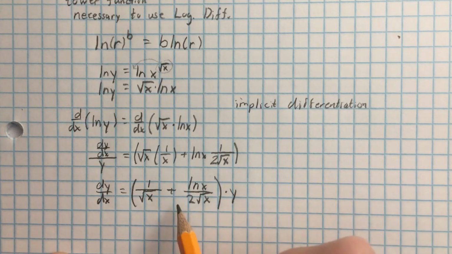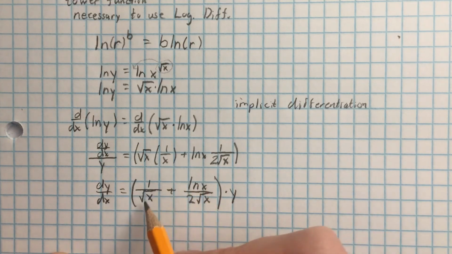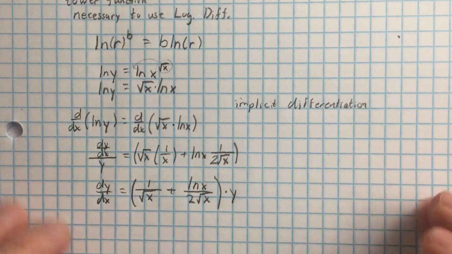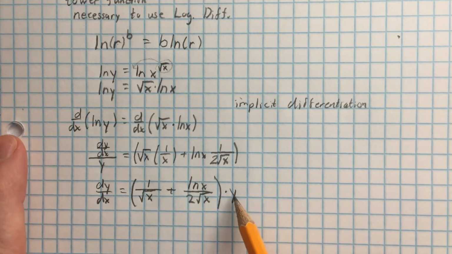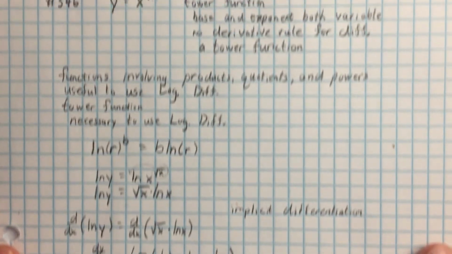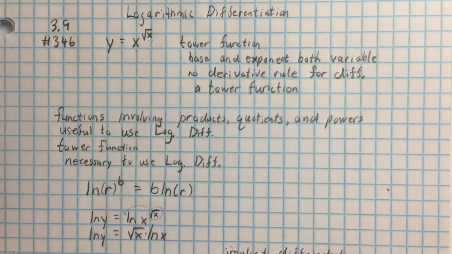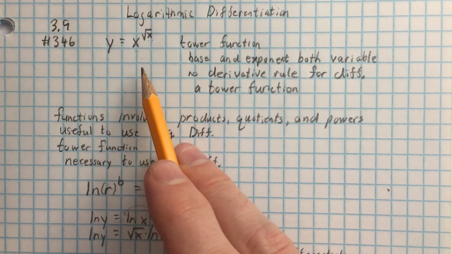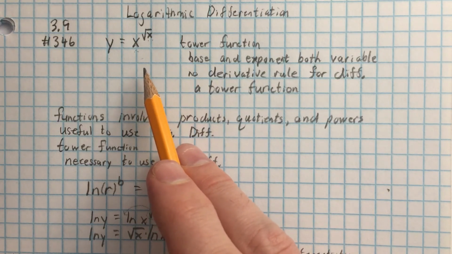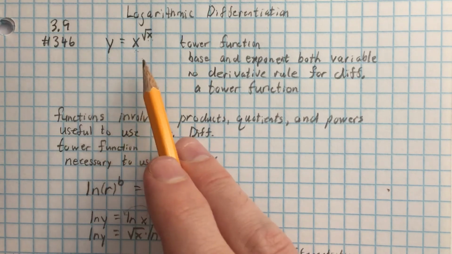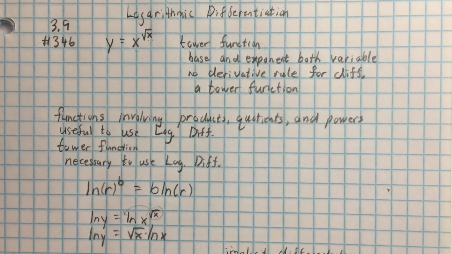Now, I'm going to go ahead and simplify the interior of this parentheses a little bit more, but the main point at this stage is y here we know. Even though we used implicit differentiation at some point in the problem, we actually have y explicitly as a function of x back here. So at the end of the problem, we should replace any y's we see with this explicit expression containing x.